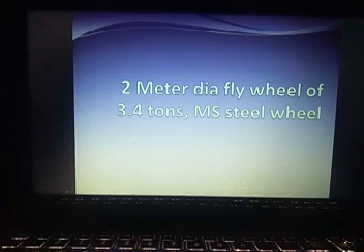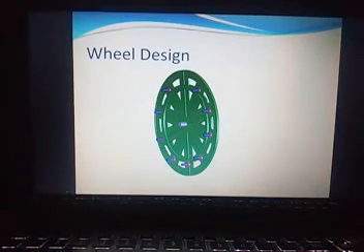We are taking 2-meter diameter, and this diameter can be altered. For a bigger diameter, bigger torque is there, bigger amount of energy is there. Depending upon the tonnage and the diameter, the torque is designed. This is my flywheel design.